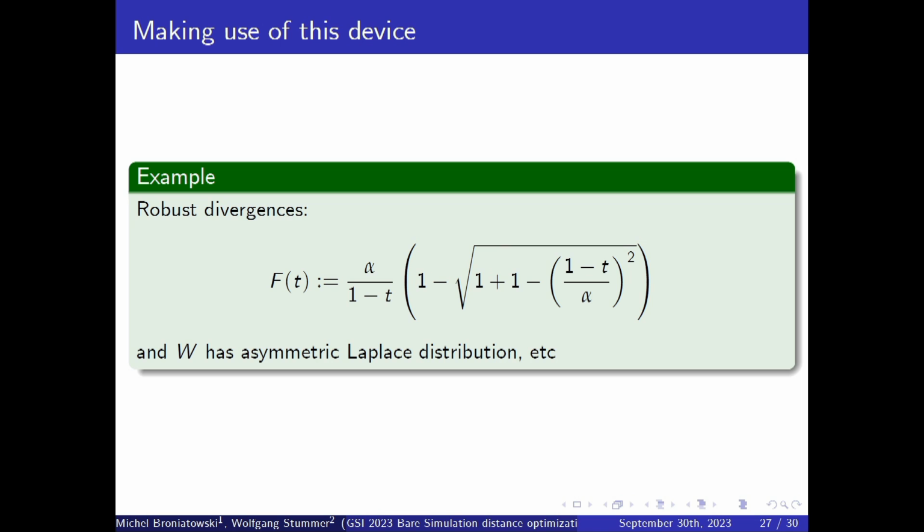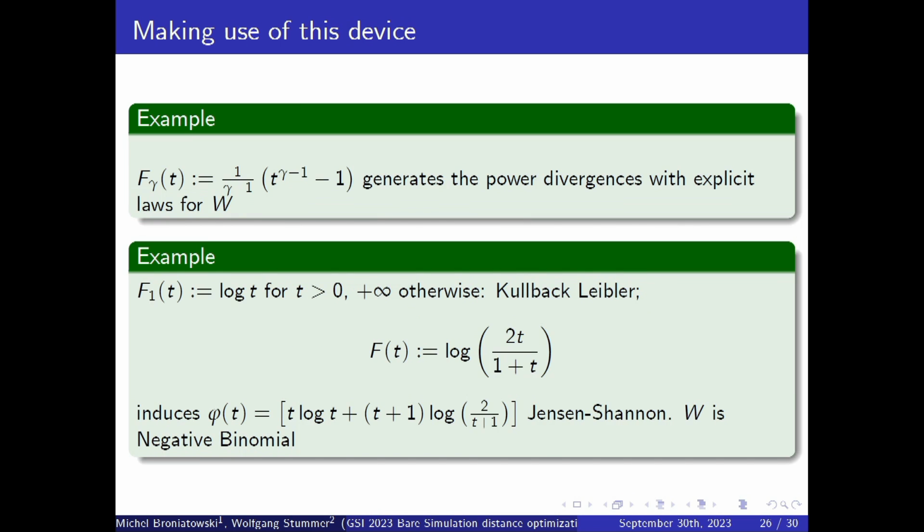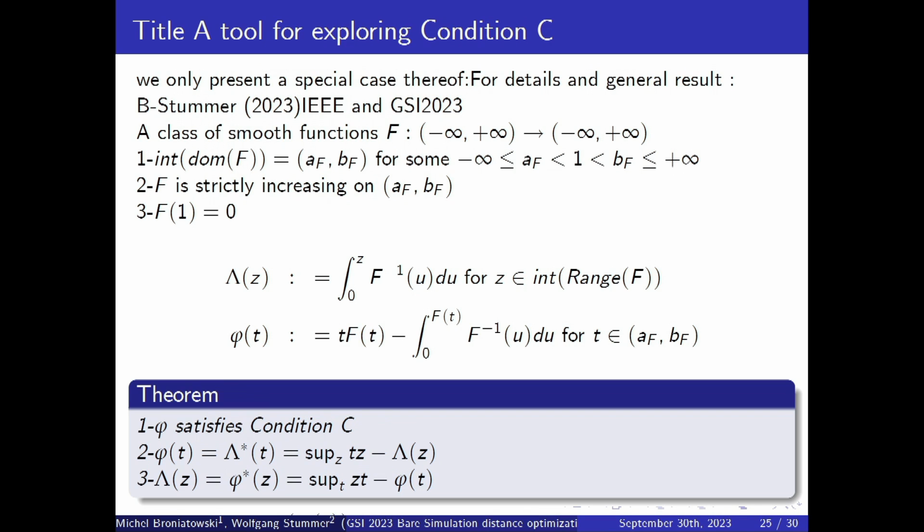For example, for robust divergences, that means that we would like the generator such that its derivative would be bounded. So we are also able to build up the f function. The f function is just instrumental. From here we can go to lambda and then identify.